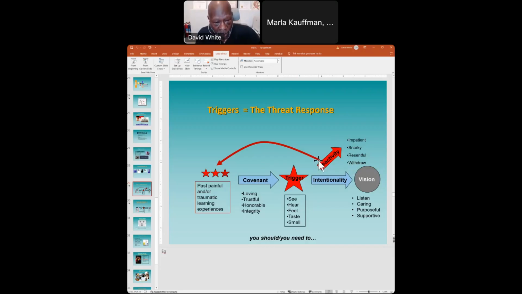And at the very same time, your mind goes back to the painful past learning that reminds you of this situation. Remember, we talked about traumagenesis. Your mind takes you back to this conditioned response of the painful past learning experiences that you've had, and it completely ignores all of this stuff that you want to do, and it takes you up here to being reactive.